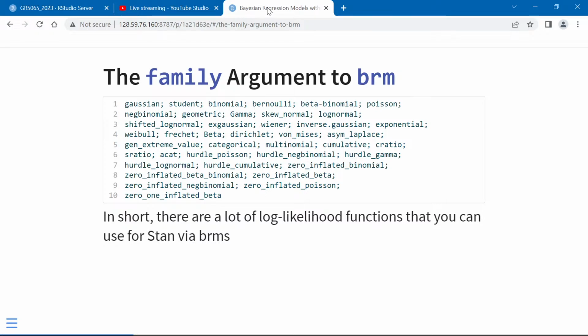Both BRMS and RStanArm have the ability to do that for you, but that kind of misses the point of demonstrating to yourself, or maybe to somebody else, but perhaps only to yourself, that you understand the model well enough, because you can generate from the prior predictive distribution of that model and have those predictions look reasonable when you yourself do it.